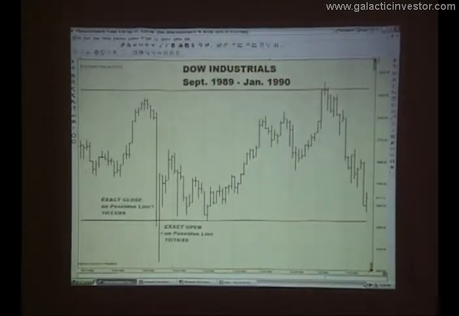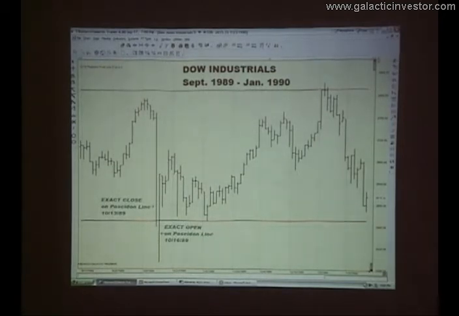Now sometimes when we first glance at planetary lines, we say, oh well, that didn't hold, look at this. Except for the fact here, the exact close of this line, we can't see it because it's covered up with the red Poseidon line. The exact open on this day's trading over here was exactly on that Poseidon line. Okay? That's right. It didn't close below it. Didn't penetrate it at all.